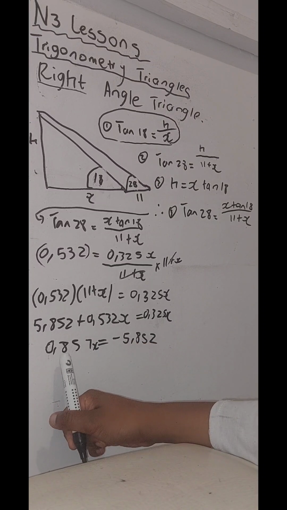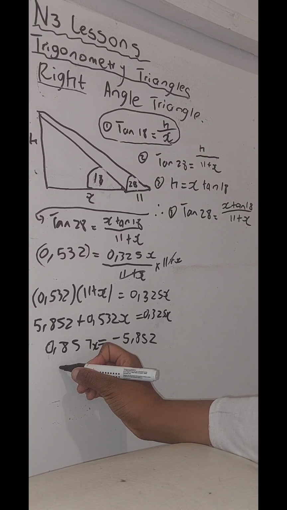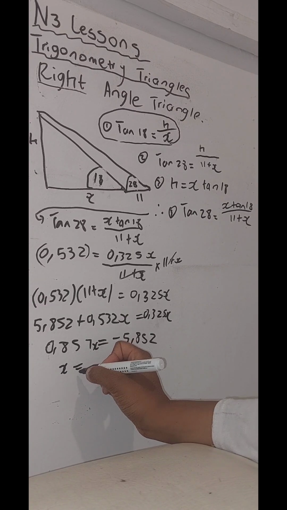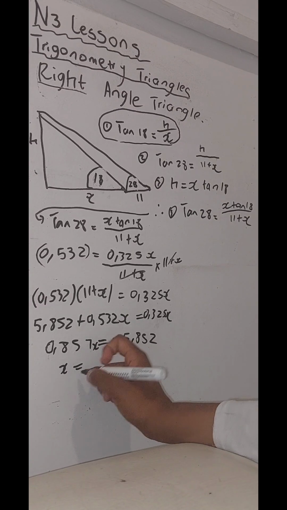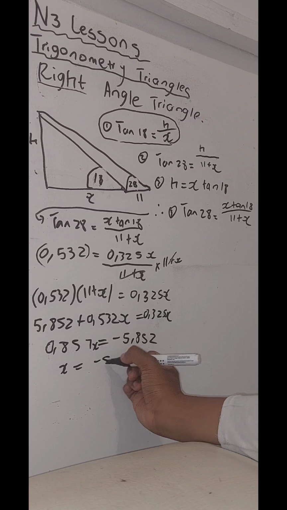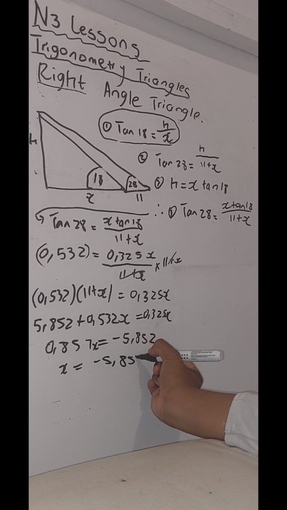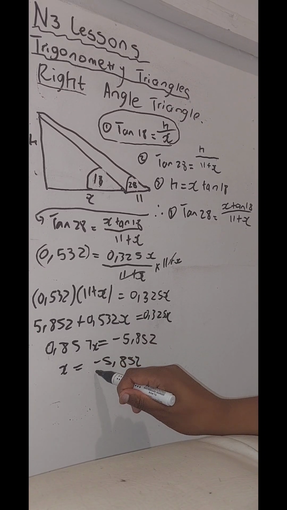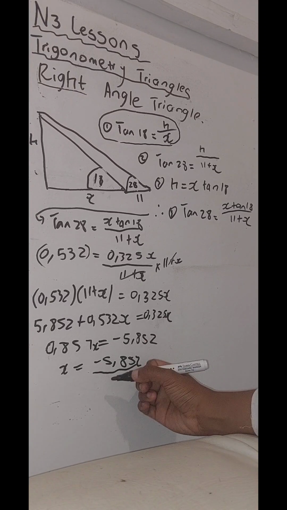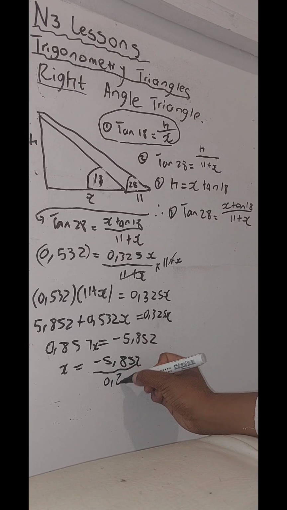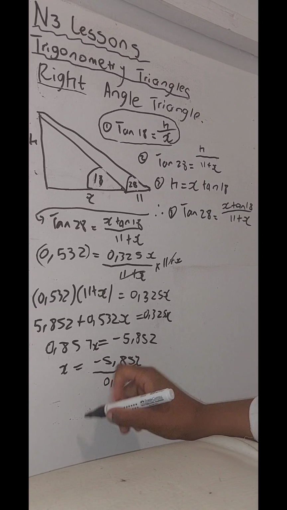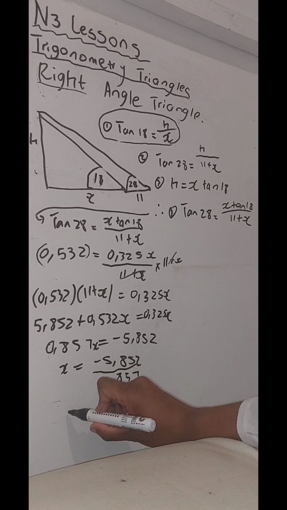So to solve for x, we're going to have to divide. That means x is equal to negative 5.852 divided by 0.857, right? So what is x?